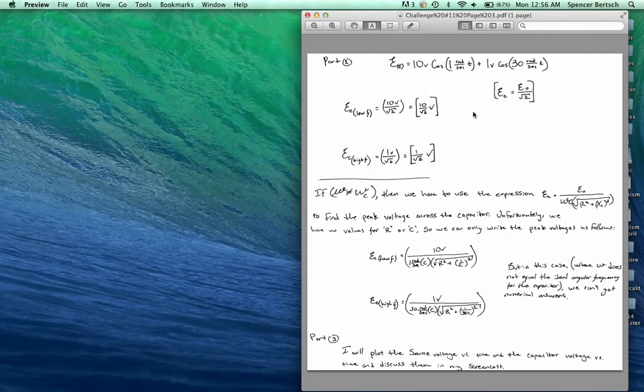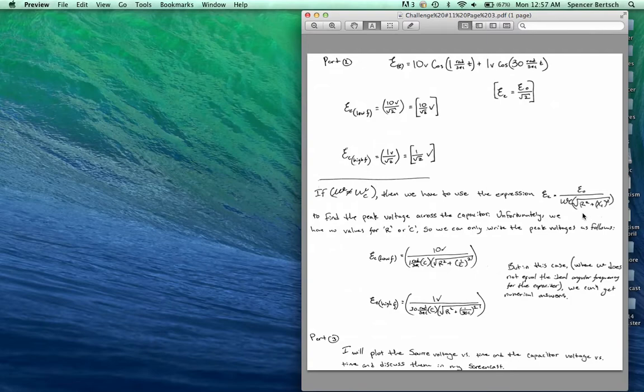Again, that's only, okay, so I talked about the other case down here, but again, that's only if omega c is equal to 1 over RC. So if omega wasn't equal to omega c, if it wasn't functioning at crossover frequency, then you'd still have to use this expression.